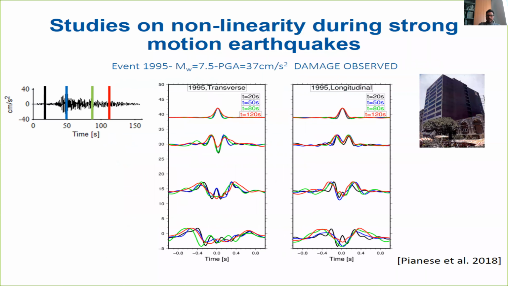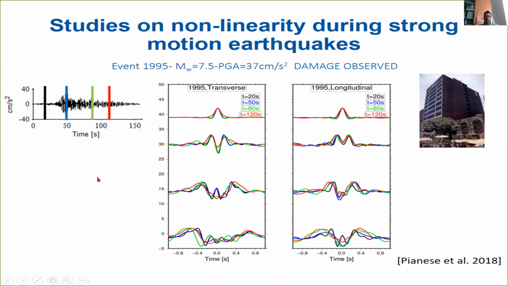So this is an example of application. If we select from the analysis just windows taken at different times, each color in these plots represents the results obtained for windows in this interval of time. The black window is the window at the very beginning of shaking.